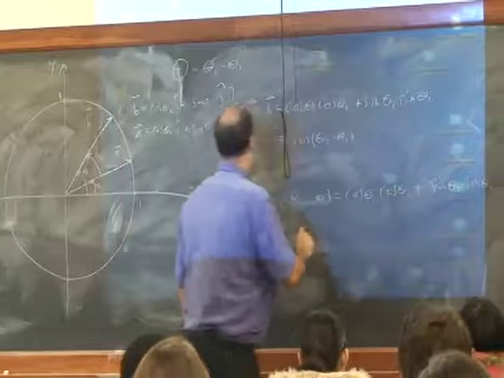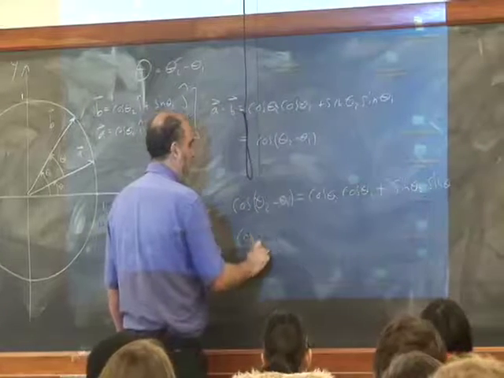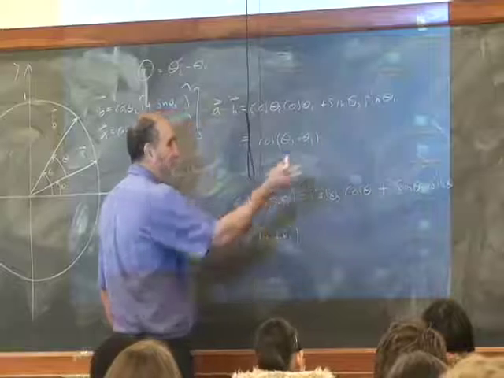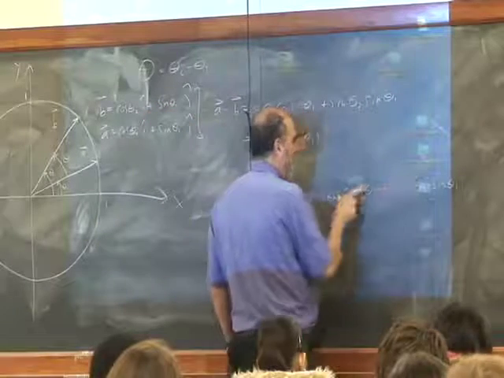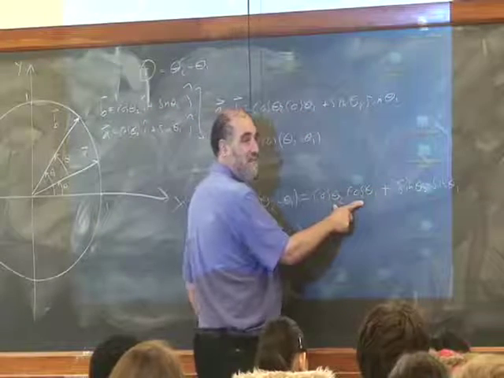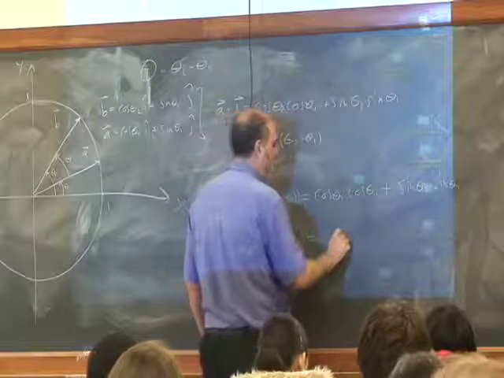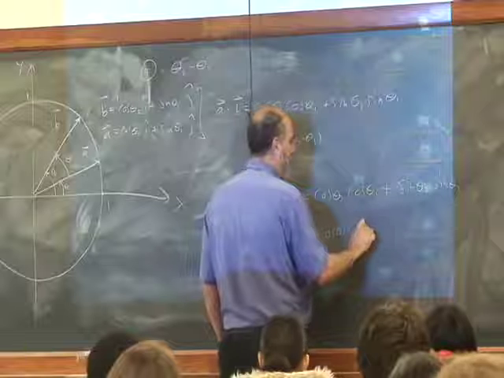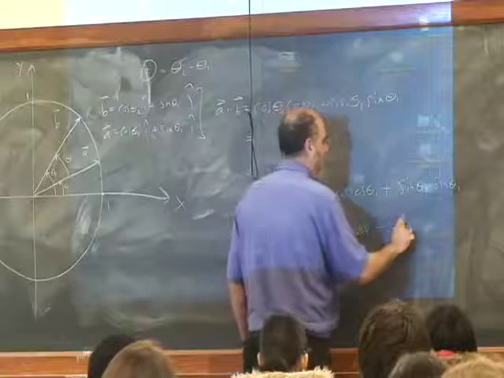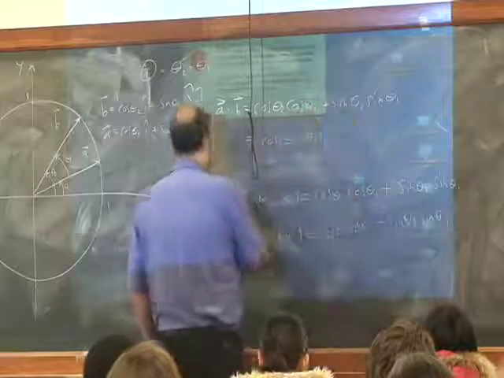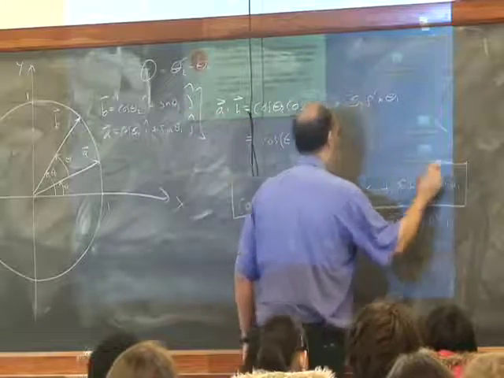And if you don't like it this way, you want cosine of theta 2 plus theta 1, you substitute in minus theta 1 in this formula. The cosines don't change because cosine of a plus angle is cosine of the minus. The sines do. So it turns into cosine theta 2 cosine theta 1 minus sine theta 2 sine theta 1. But this is the one that's most fundamental in terms of this derivation.